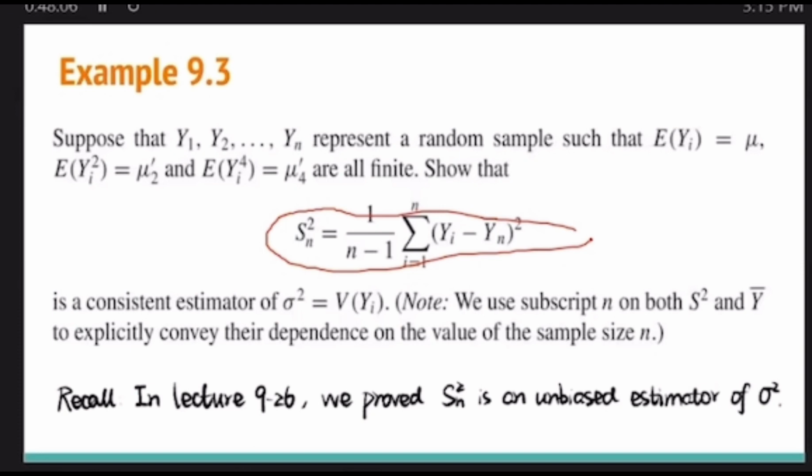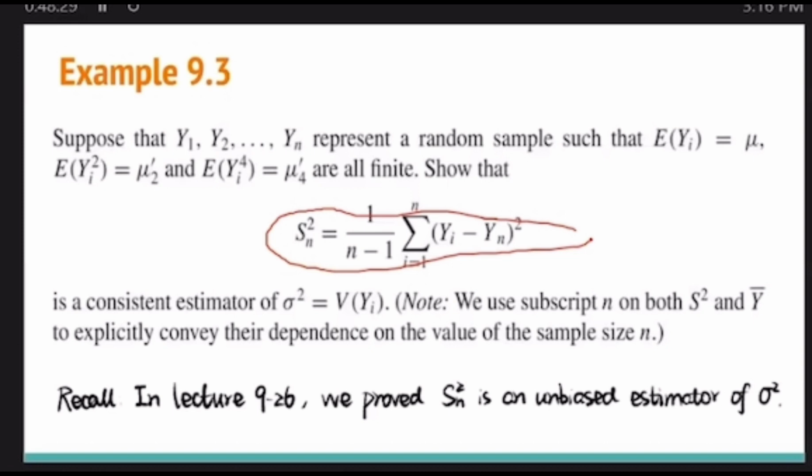Because when I go into the population, if 1,000 researchers go into the population, they're going to compute 1,000 variance values. Therefore, variance becomes an estimator. If I want to know whether this sample variance is consistent, then I need the variance of the variances.